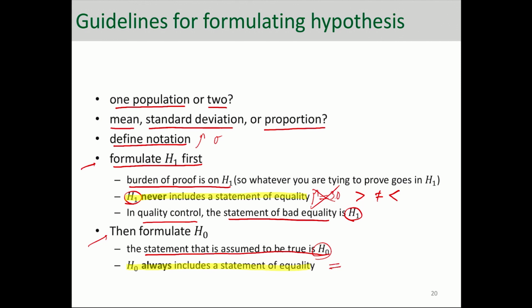So mu is equal to 3.0, proportion is equal to 30%. All of those equals go to the null hypothesis. Keep that in mind. We'll continue this discussion and talk about the next steps of formulating hypothesis testing. So far, we talked about the null hypothesis and alternative hypothesis and how we set them up.